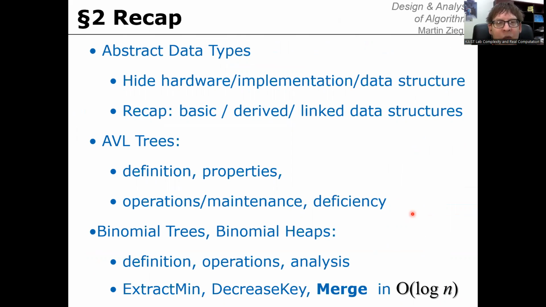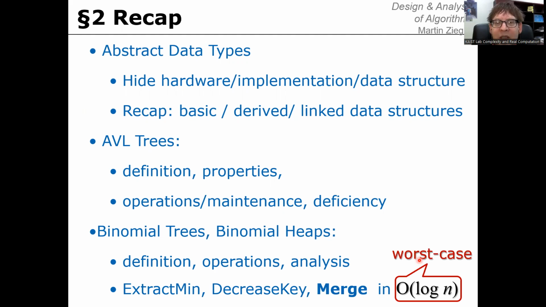And now we've concluded our recap of operations on binomial heaps, where all operations are feasible in logarithmic time: insert, delete, and in particular the ExtractMin operation with the bubbling to repair the heap order, the DecreaseKey operation, and our workhorse, the merge operation.